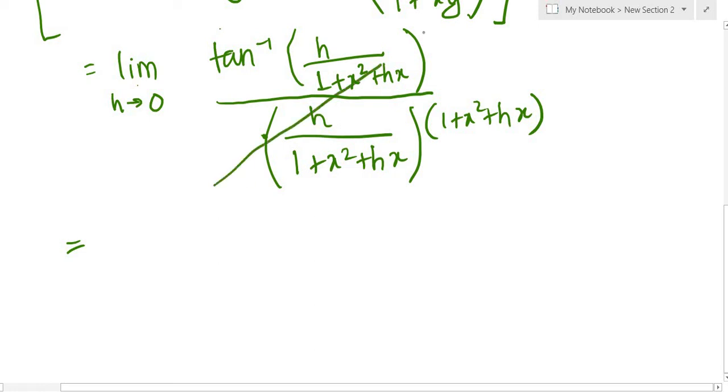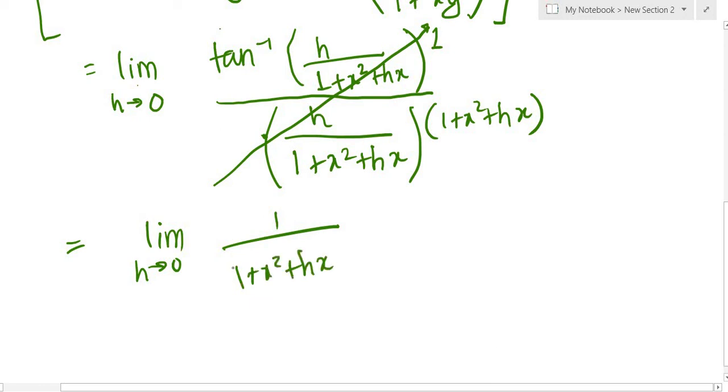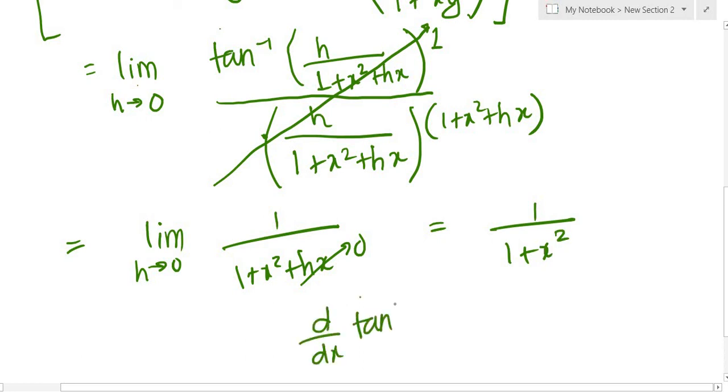So this entire thing will go to 1, and all you're left with is the limit as h approaches 0 of 1 over 1 plus x squared plus hx. And when you substitute h as 0, this thing will just go away. You're left with 1 over 1 plus x squared. So officially d over dx of the tan inverse of x is 1 over 1 plus x squared.